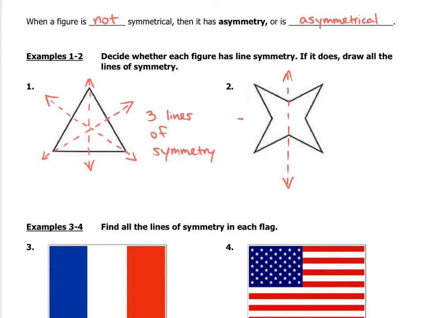I could draw a line across through the middle. And if I were to fold the top piece over the bottom piece, again, they would be mirror images of each other. So there's a second line of symmetry. I could draw a third line of symmetry from this top left vertex through the center and then through the bottom right vertex.